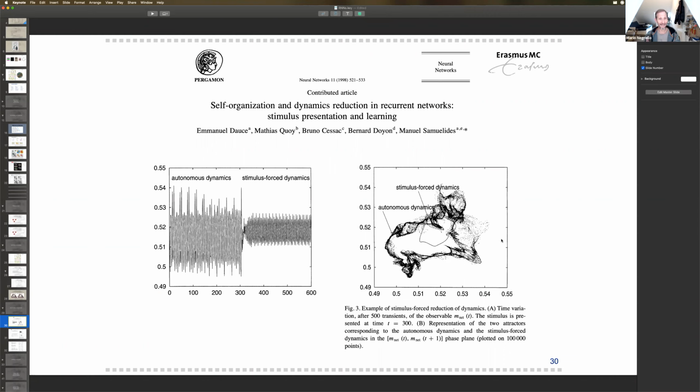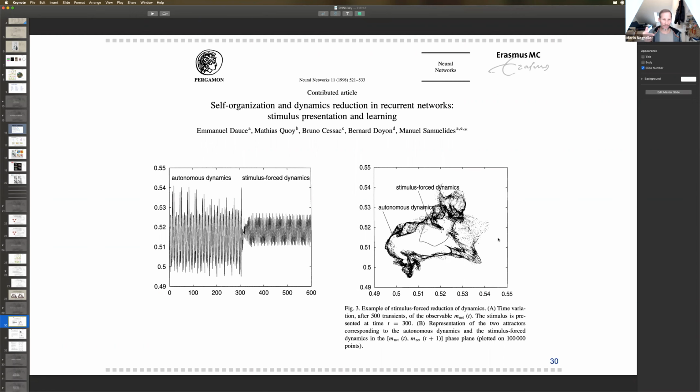On the right side, you see what we call a first return map. A first return map is plotting the activity of the network at time t versus the activity of the network at time t plus 1. And here we're plotting the average activity of the network at time t and the average activity of the network at time t plus 1.